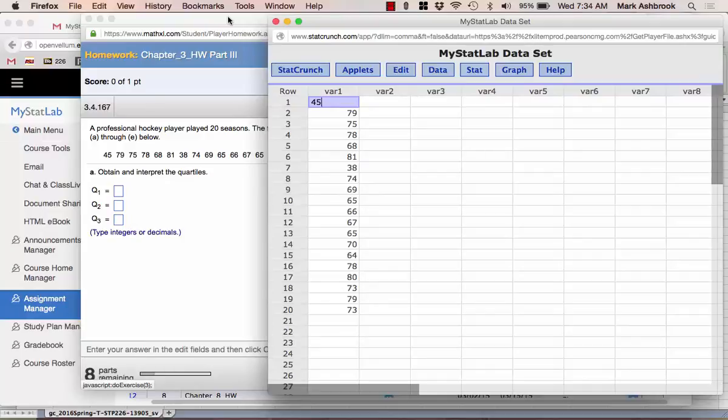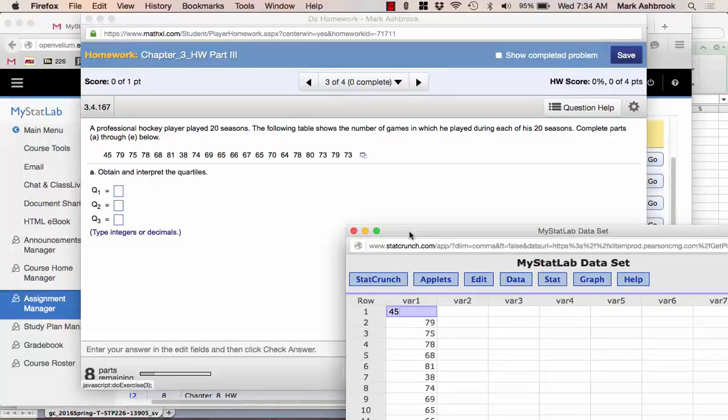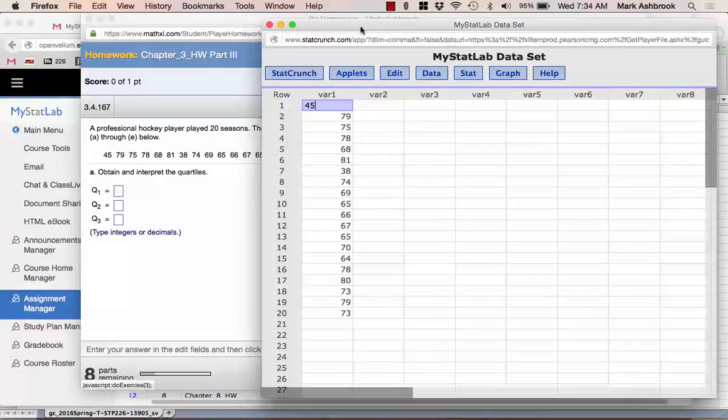But this is really convenient because you don't have to type in all the data. You just click this button right here, and the data's already in your column. You're welcome to use Excel, but I think this is super convenient.